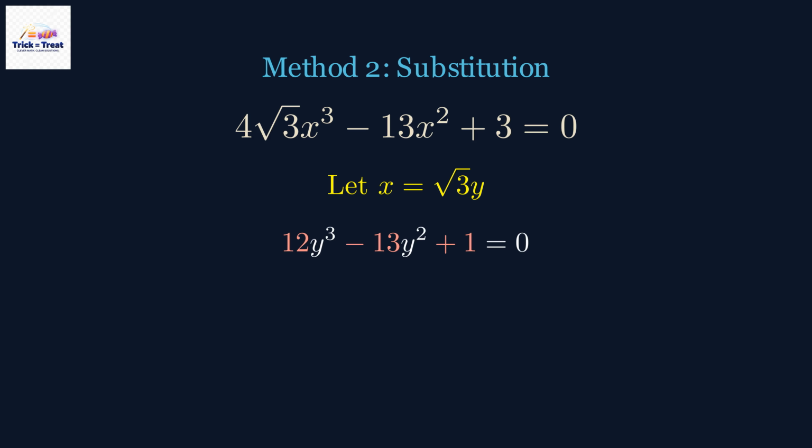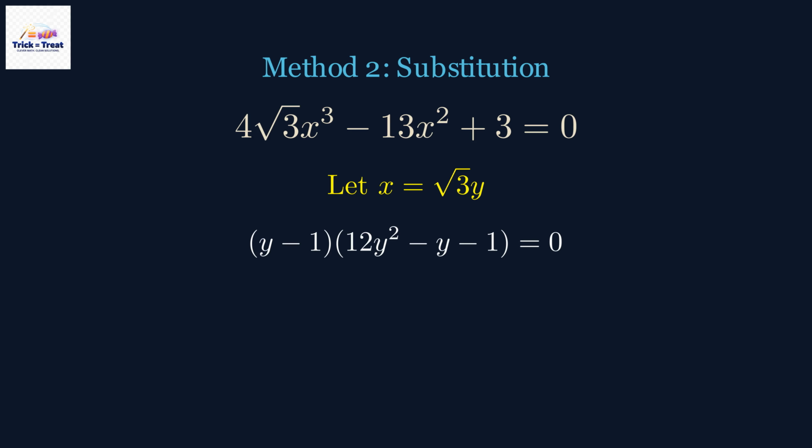If you look at the coefficients, 12 − 13 + 1, they sum to 0. Okay, and now for a fantastic little pro tip. For any polynomial, if all the coefficients add up to 0, then you are absolutely guaranteed that one of the roots is 1. That gives us a huge head start.